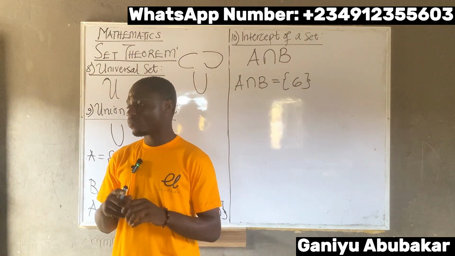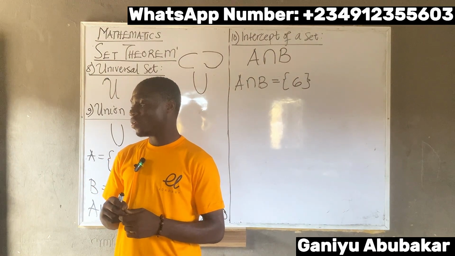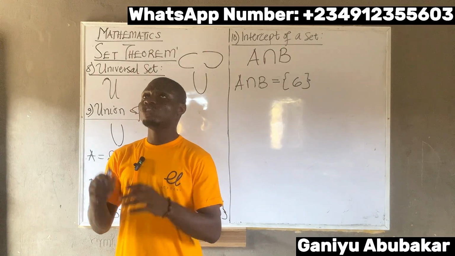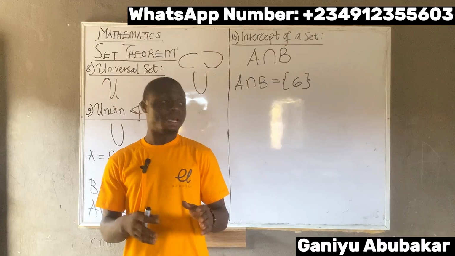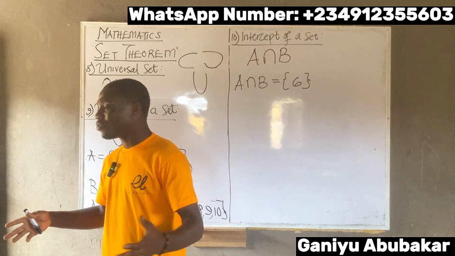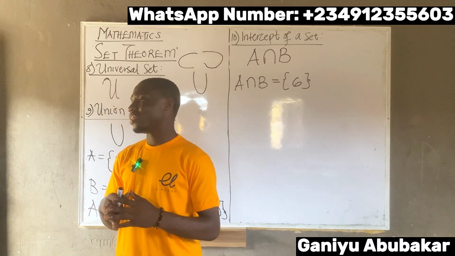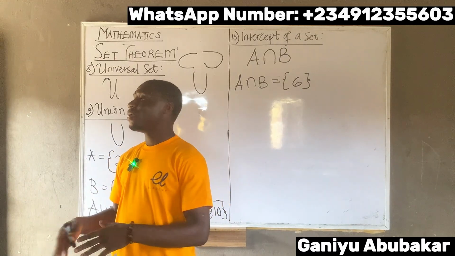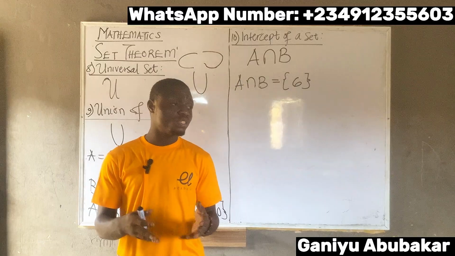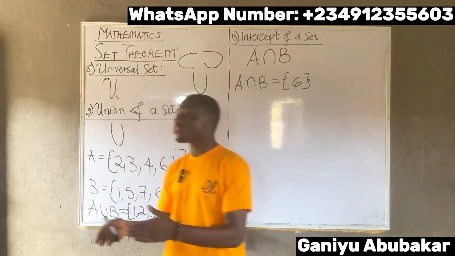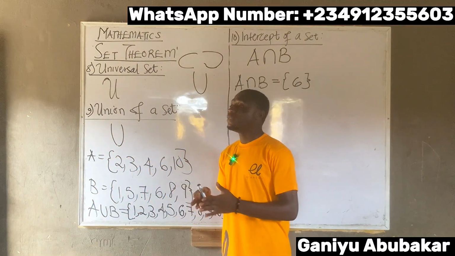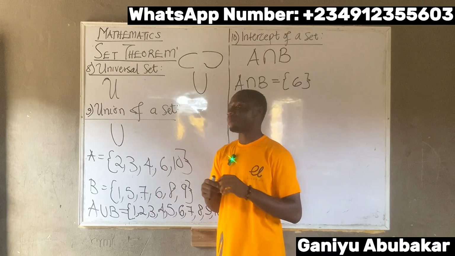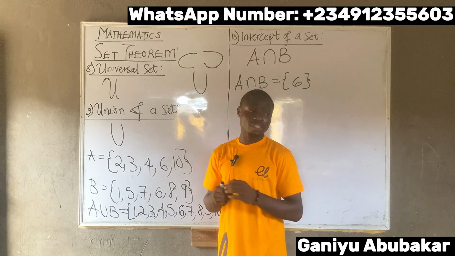In what form is this? They gave you the universal set, A and B. What kind of representation is that? That's what I'm asking you. This is set builder notation. So you have to write it out by listing first, and then you solve them. So let's solve this in the next class.